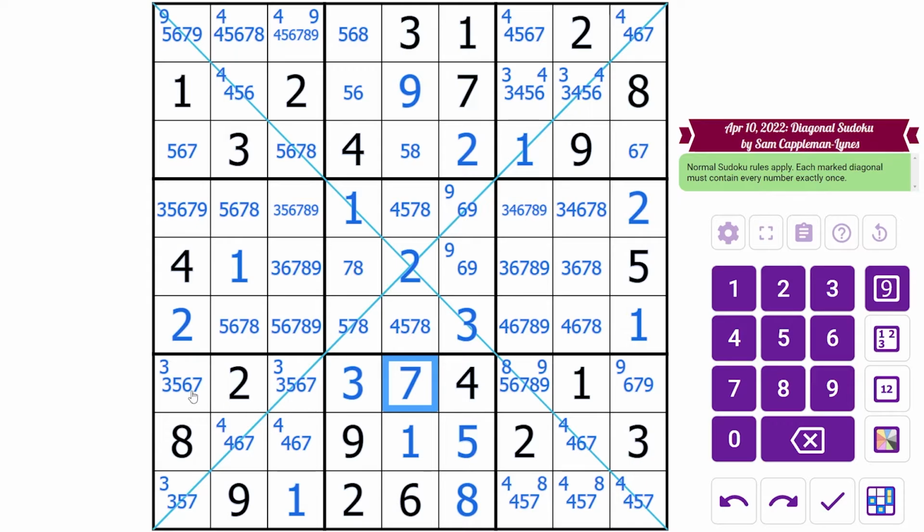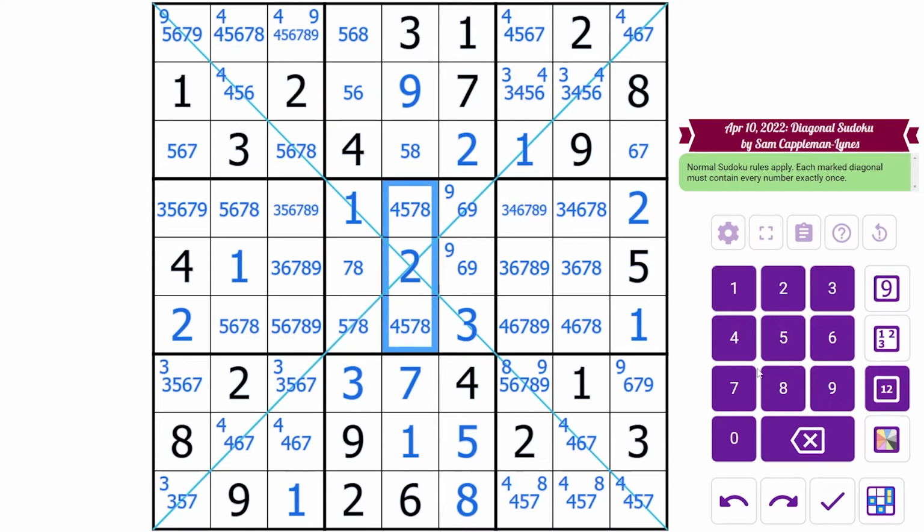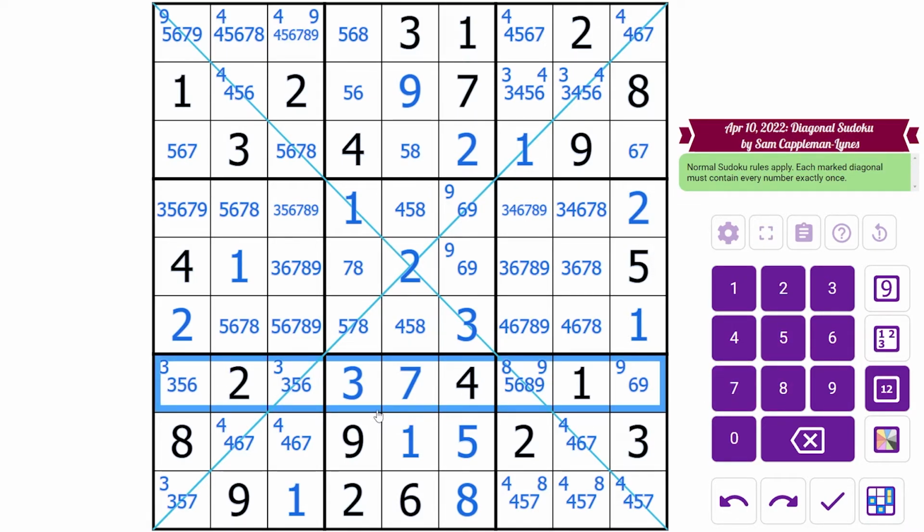Okay, let's go ahead and clean this up. So 3 there. Okay, yep, there were no 3s in that column. 7's here. Those are gone. 7's across here. Make sure those are taken care of. 3's across here. 5, 6 pair.